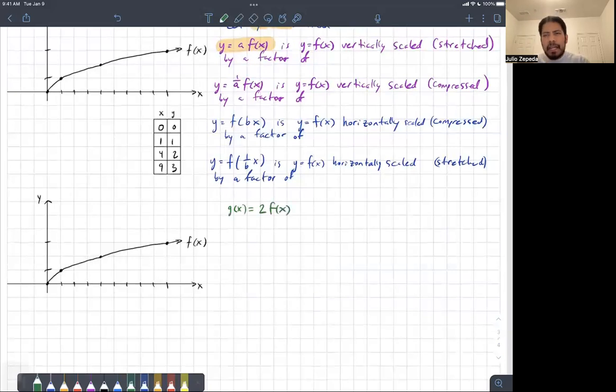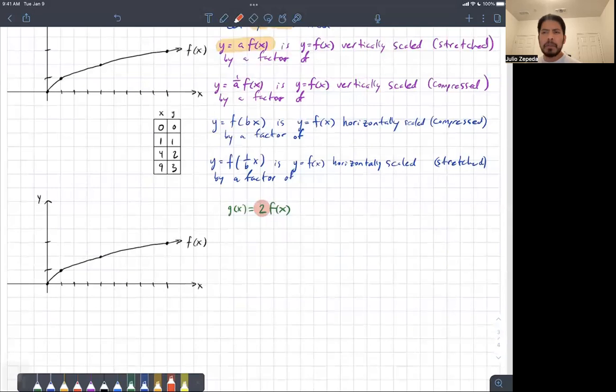And again, as we saw before, if we're multiplying the function, this 2 is outside of the function because it's not inside of the parentheses f of x. It's probably going to affect the y values because g of x is just twice the value of f of x.